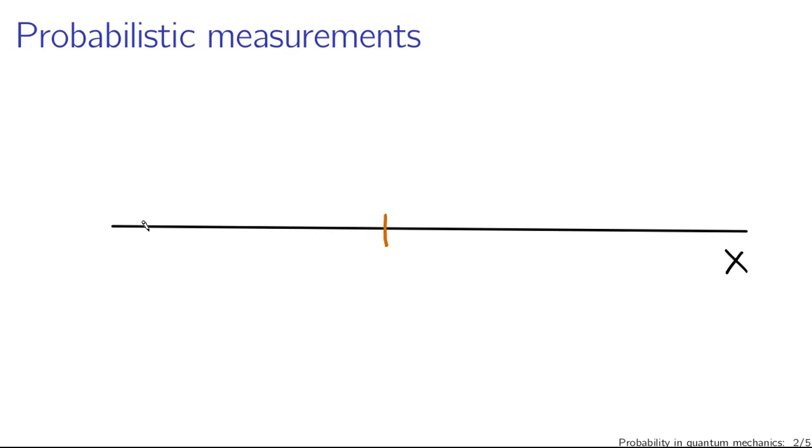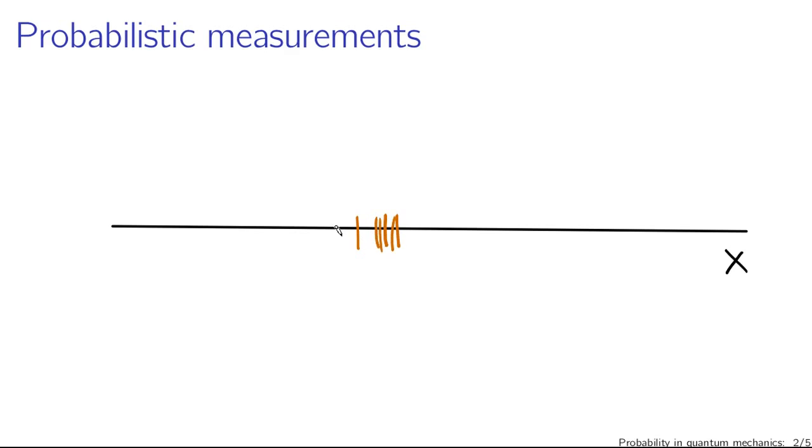If I prepare the experiment in exactly the same way, attempting to put the ball in the same position on the floor and measure the position of the ball again, I won't always get the same answer because of perhaps some imprecision in my measurements or some imprecision in how I'm reproducing the system. So I might make a second measurement there, or a third measurement there.